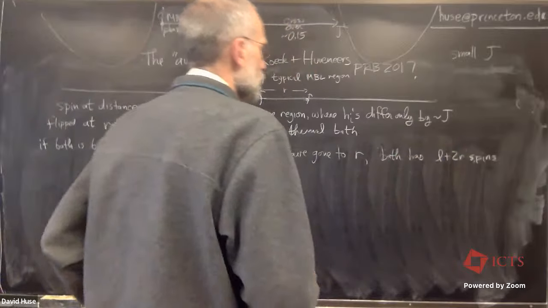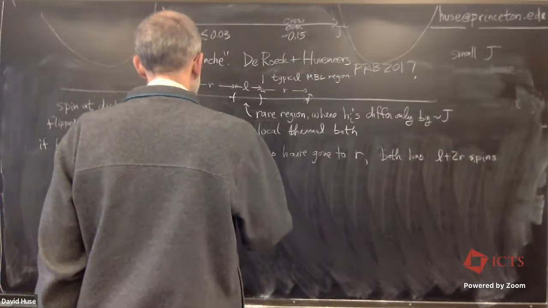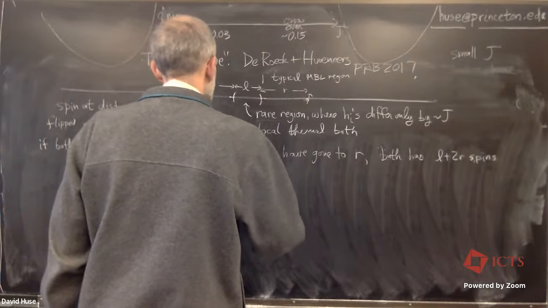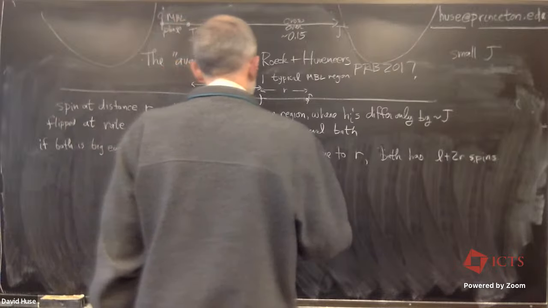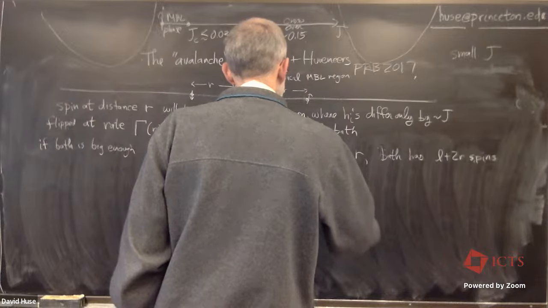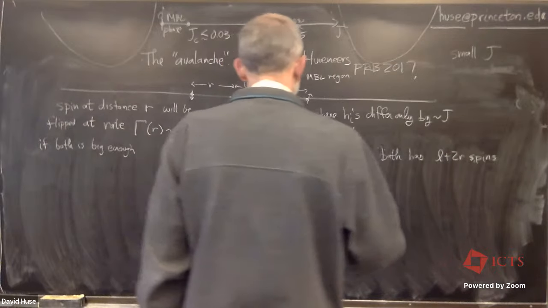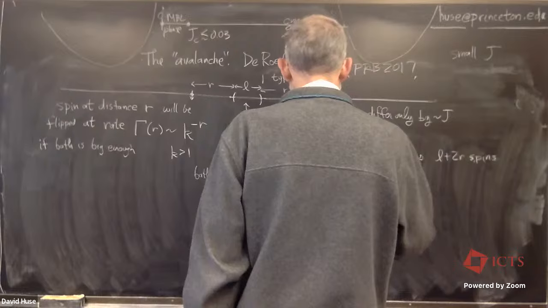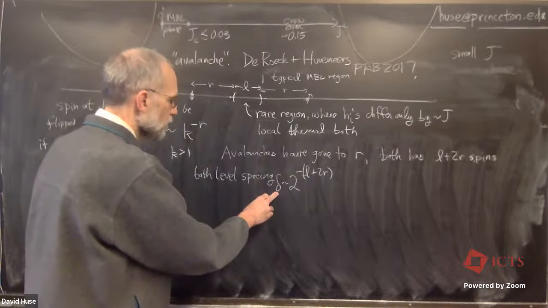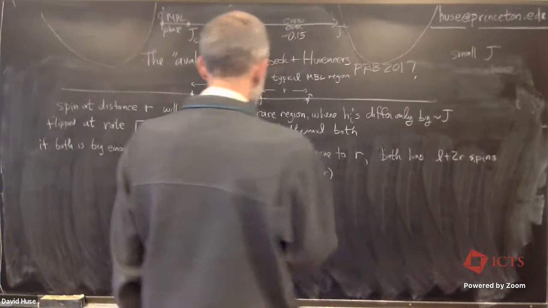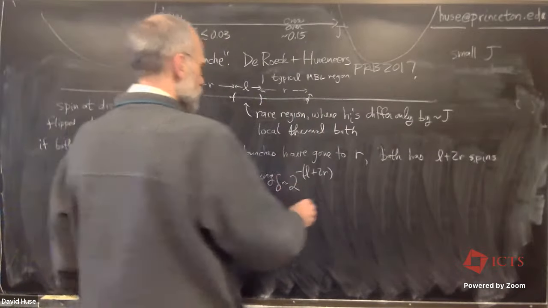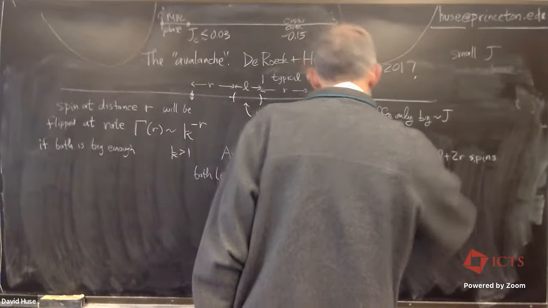It's got L+2R spins, and so the bath has an energy level spacing of 2 to the minus (L+2R). I'm calling this delta. Delta is the energy level spacing of the bath as it grows. Sorry, this is decreasing as the bath grows.